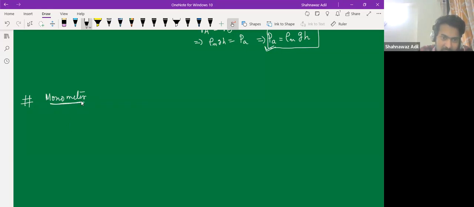So the manometer. What does this manometer measure? This measures the gauge pressure, right? So how does this measure gauge pressure?